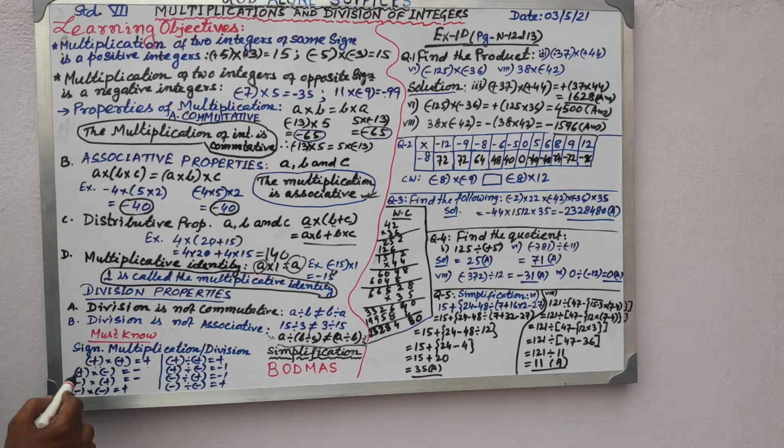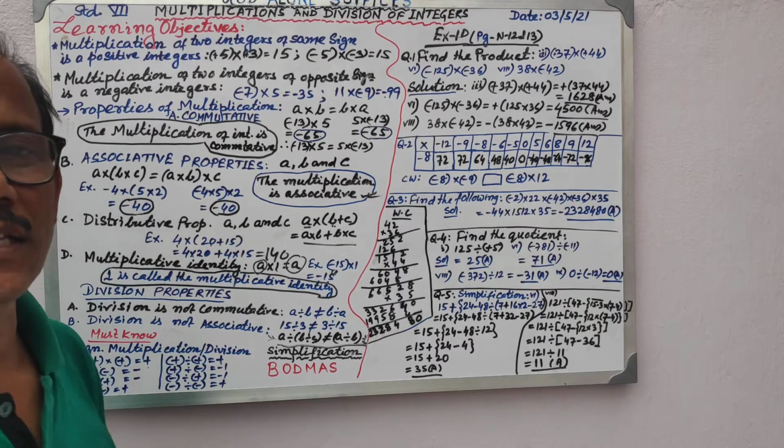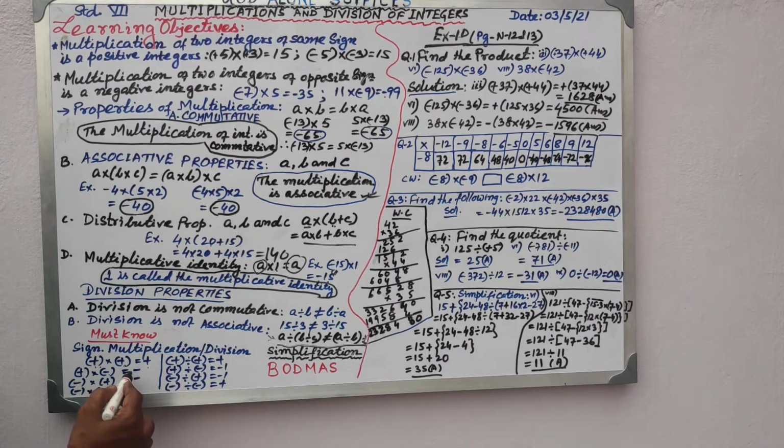One integer carrying plus sign, another carrying minus sign, the product will be minus. So plus multiplied by minus is minus. If the first integer is carrying minus sign and the second plus sign, then also the product will be minus. So minus multiplied by plus is minus, and minus multiplied by minus is plus.